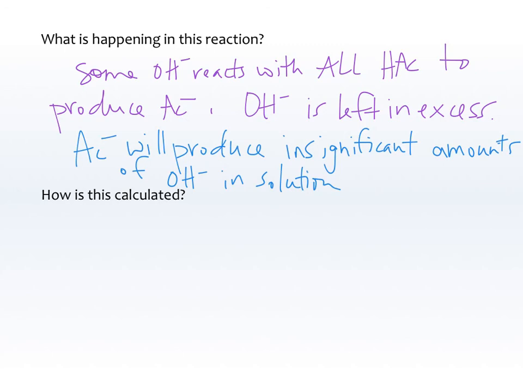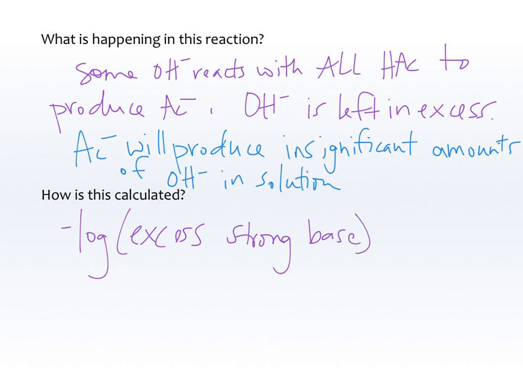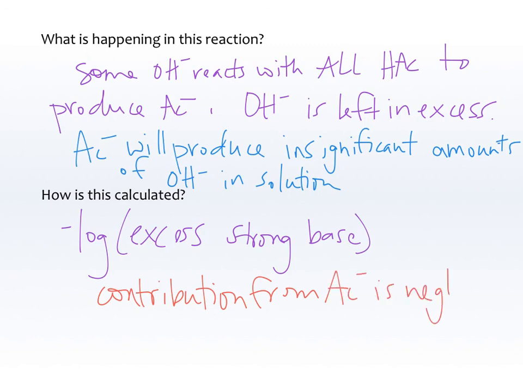So how is this calculated? You take the negative log of the excess strong base. That is the concentration of the extra strong base because we want the molarity, not just the moles, so divide by the total volume. The contribution from Ac minus is negligible. Oh, if I spelled that right, I'm lucky.